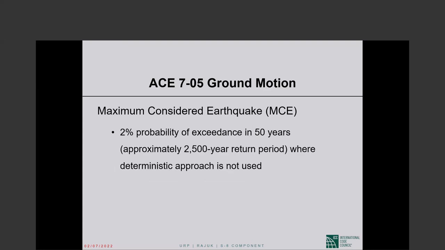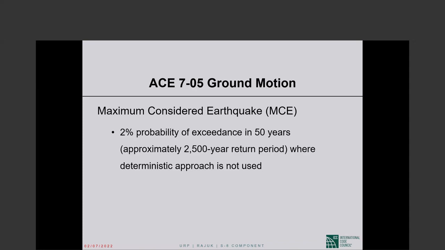Now, in the rest of the country, where seismologists are nowhere near as confident that they know the seismic sources or their capabilities, some of the best of them together decided that the event that comes closest to the deterministic earthquake of the western United States is a 2,500-year return period event.